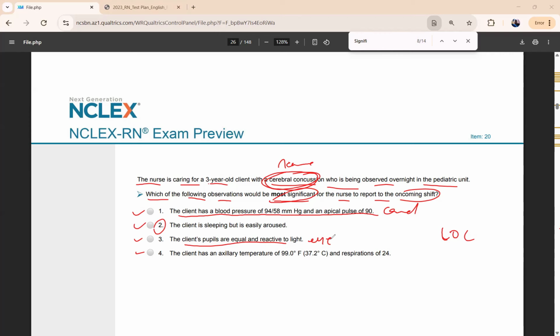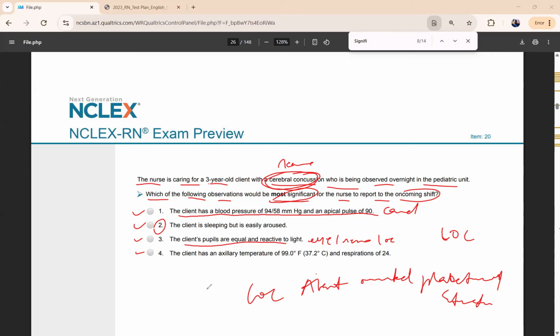Temperature. This is related to neuro, but not related to level of consciousness. Right? Level of consciousness, the patient is not alert. This is your level of consciousness. Alert, oriented to place, time, and situation. That's what the NCLEX knows as level of consciousness, or your Glasgow coma scale.